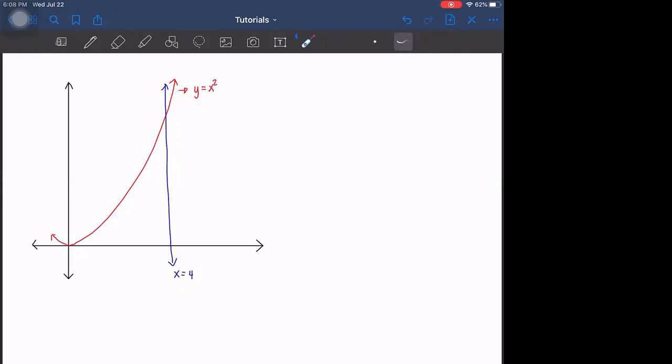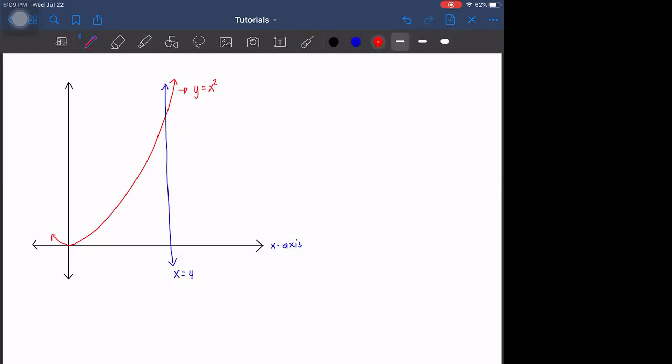X equals 4 is a line that passes through the x-axis at 4, but I'm asking for the equation of the x-axis itself. The x-axis is horizontal. What is the equation of the x-axis?